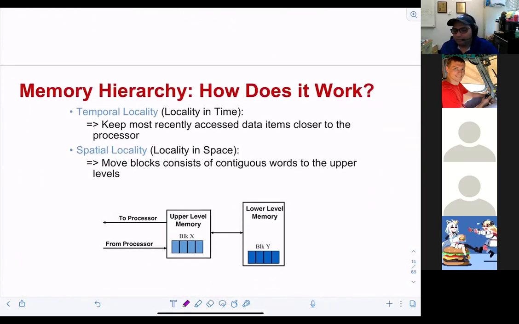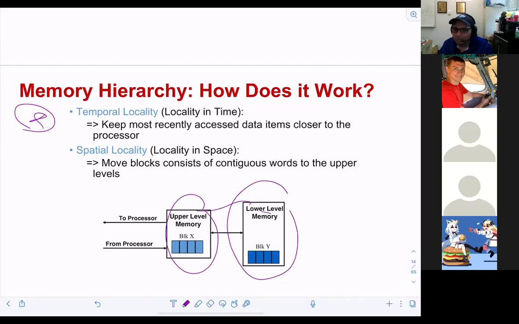Okay, now I already told you about the locality, but here is some example based on it. So temporal or time locality: here is my big memory, here is the small memory. So how can I make the temporal locality? I'm gonna start moving data and I will leave it there for the body of the for loop, and that will be working.